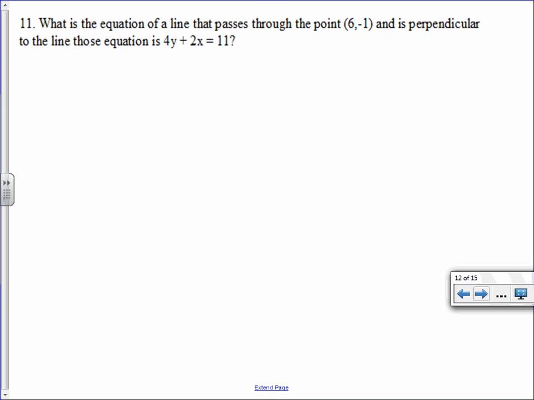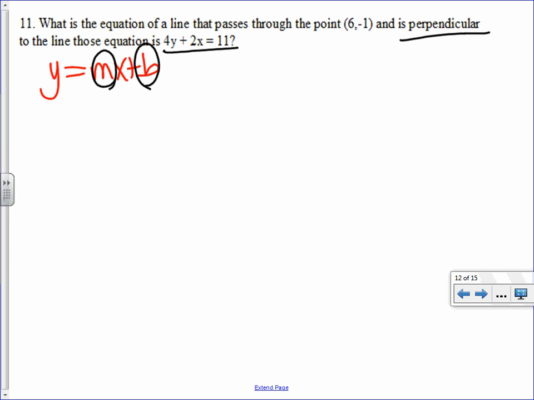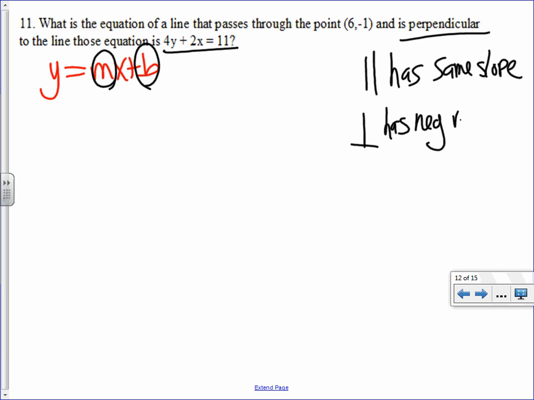What do I got next? Ooh, the equation of a line that passes through the point. Well, I know my equation of a line is y equals mx plus b. So to write the equation of a line, I need my m and b. Well, it's perpendicular to this equation. You need to know parallel has the same slope, and you need to know that perpendicular has negative reciprocal slope.